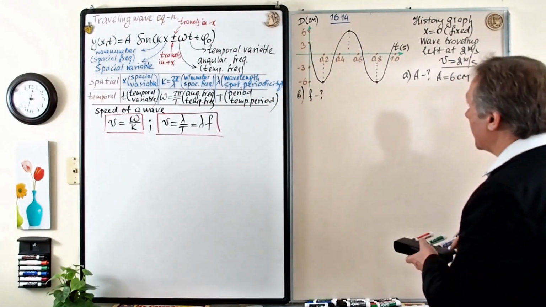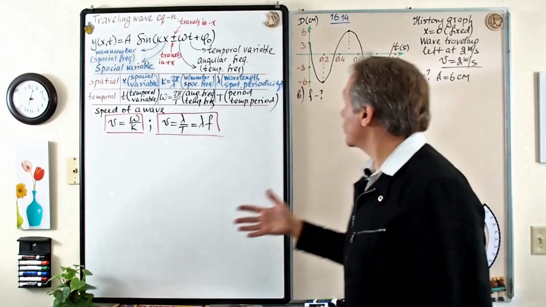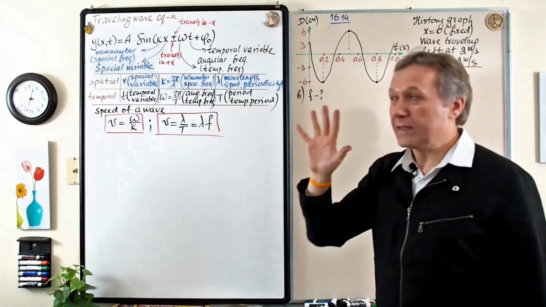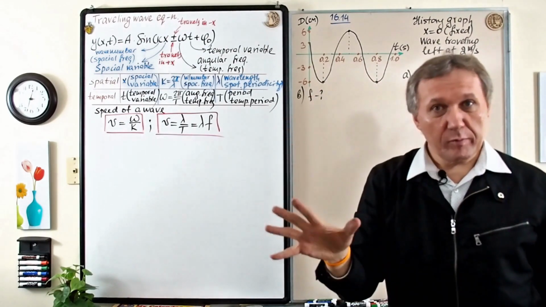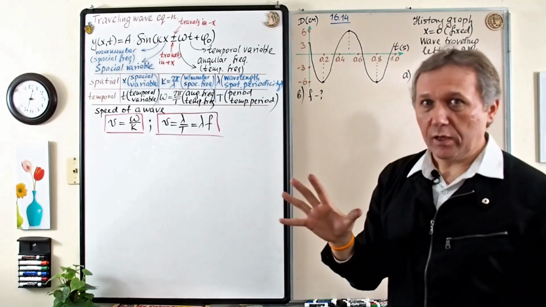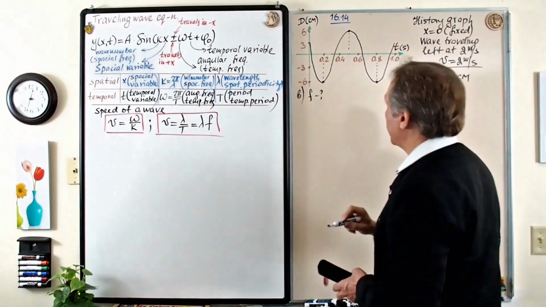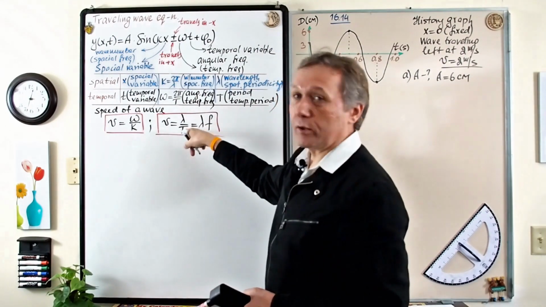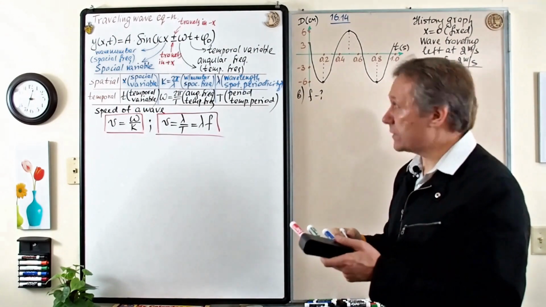Frequency is a temporal quantity, so we should be able to find any temporal quantities easily from this graph. We might have troubles with finding spatial quantities, but we will talk about that in a few minutes. So in order to find f, it's the reciprocal of the period. If we can find the period, we can find frequency easily.